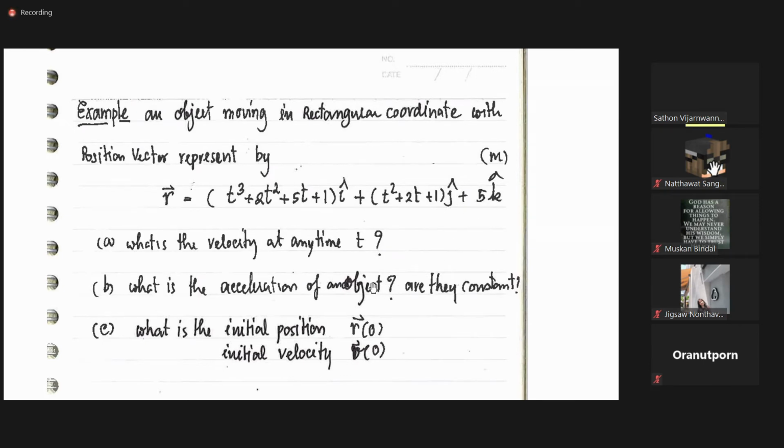So this is a little bit more complex, and that means it's moving in three dimensions, along the x, y, and z axes. Now, the question asks, what is the velocity at any time t, and what is the acceleration of the object? Are they constant? And what is the initial position and initial velocity? That means the position vector at t equal to 0, and the velocity at t equal to 0.